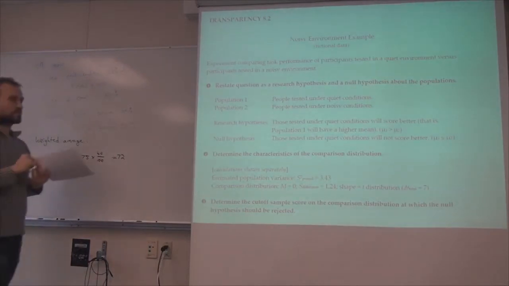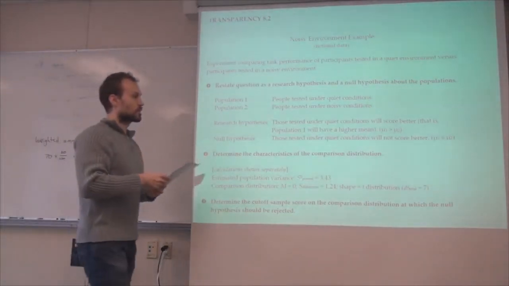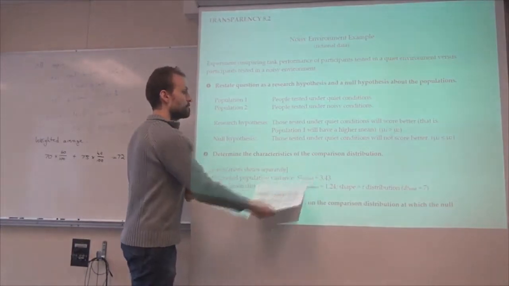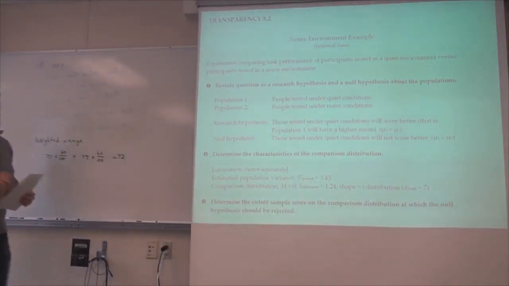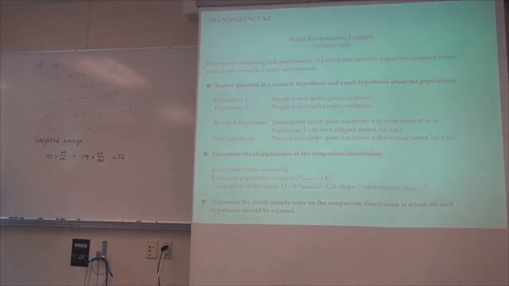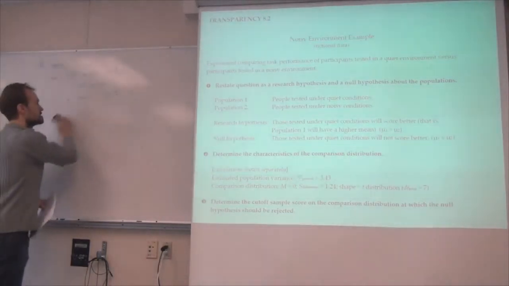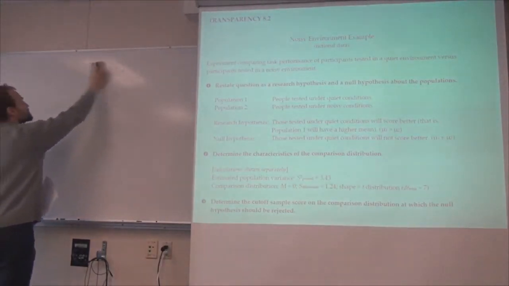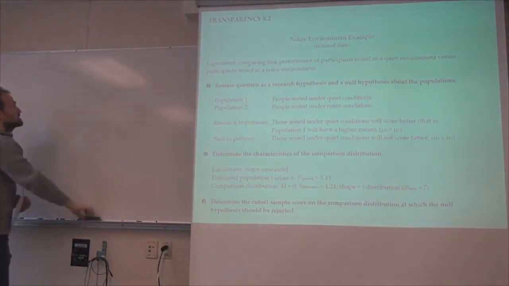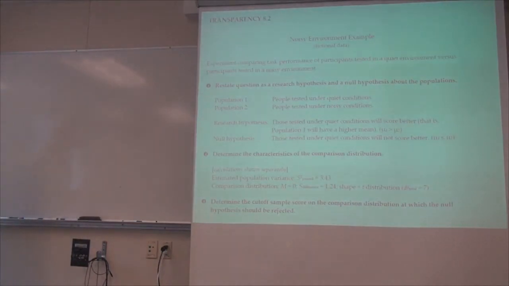So I'm going to calculate what we call the pooled variance as an estimation of my population variance by calculating a weighted average according to the sample sizes. I'm trying to get the concept first before worrying about the detail of the calculation.